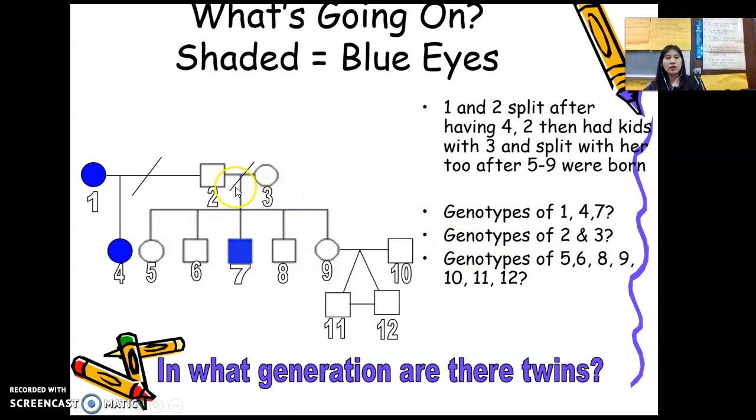They are spouses. Individuals 5, 6, 8, 9, 10, 11, 12, they are normal individuals, meaning they are not affected by blue eyes. They're not having blue eyes. Right?